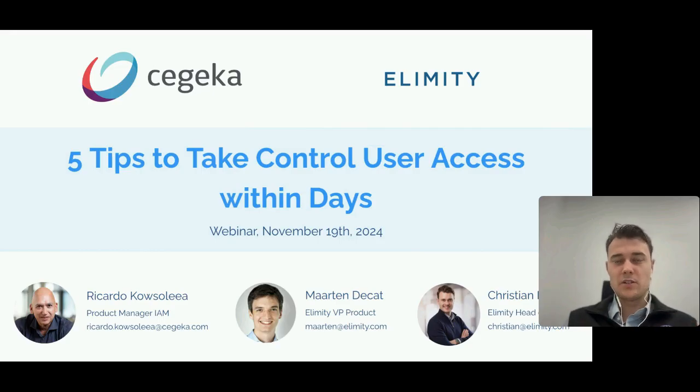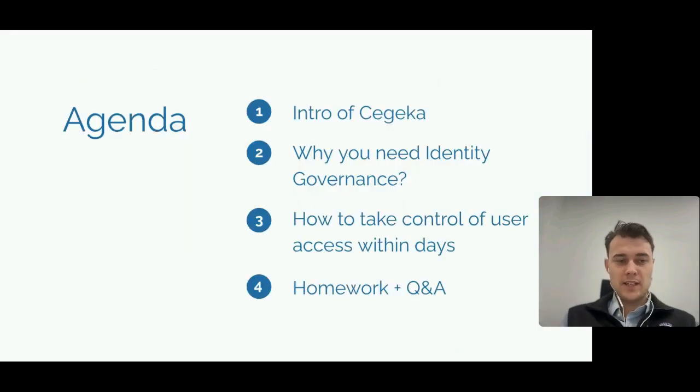So what are we going to do today? First of all, Ricardo is going to give you a short intro of our partnership with Cegeka, and what the company is doing for all the ones who don't know Cegeka yet. Then we're going to take a look at why you need identity governance, for all the things that are important from a security and regulation point of view, all the different angles.